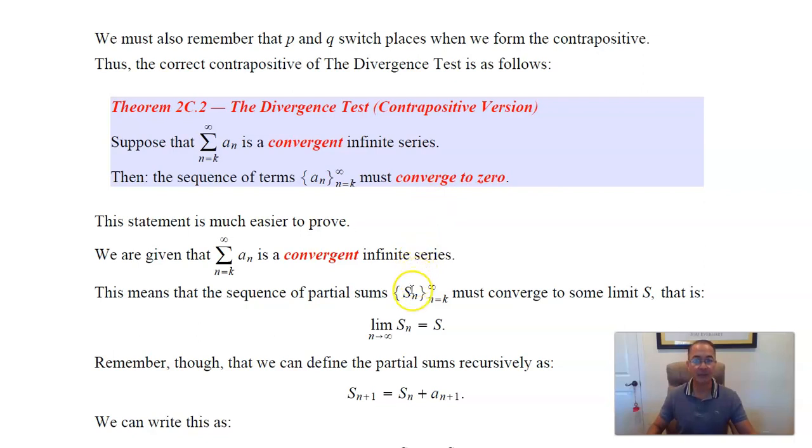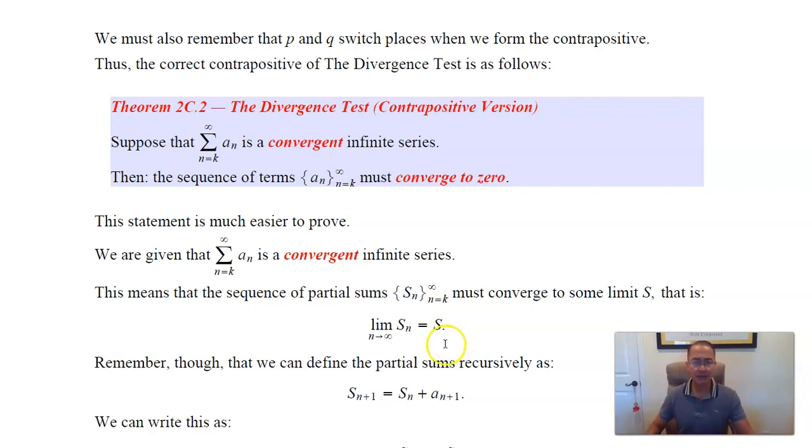All right, so remember that if your series starts at a_k, then s_k is just a_k. S_{k+1} is s_k plus a_{k+1}. In other words, every partial sum is the last partial sum where now we add the current term of the infinite series.